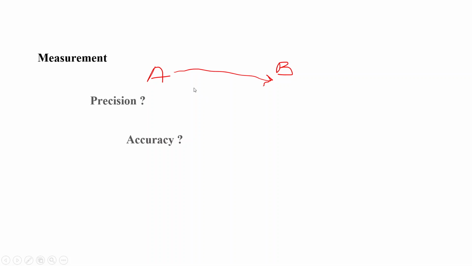And we'll see now what we mean by accuracy and precision.